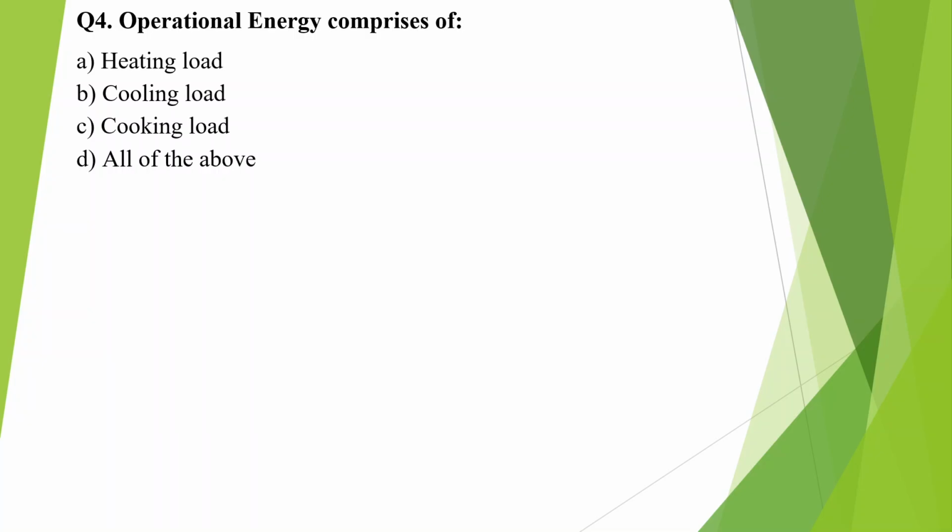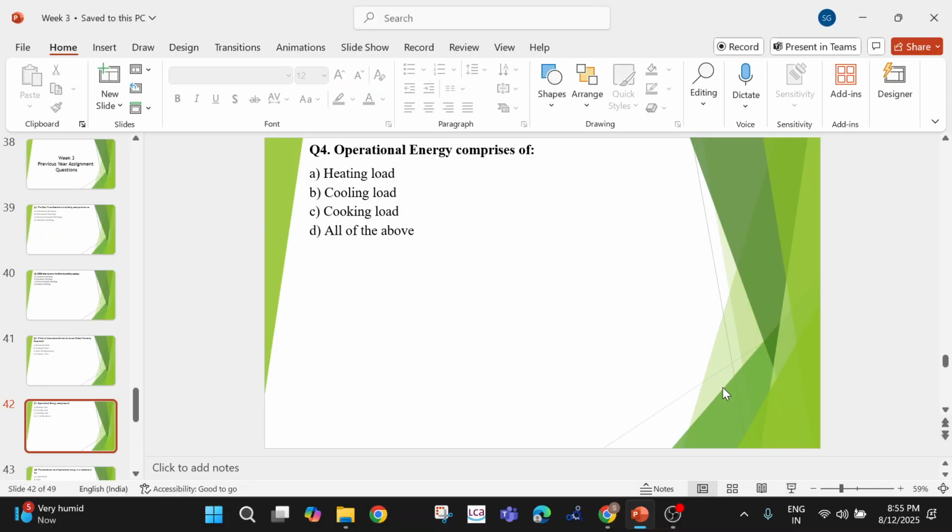But the cooking load also comes under operational energy, because when the building is in operation, you will be utilizing grinders, mixers, inductions, or heaters. All these loads come under operation only. That's why most students chose all of the above. So D is the correct answer. Is it fine now?